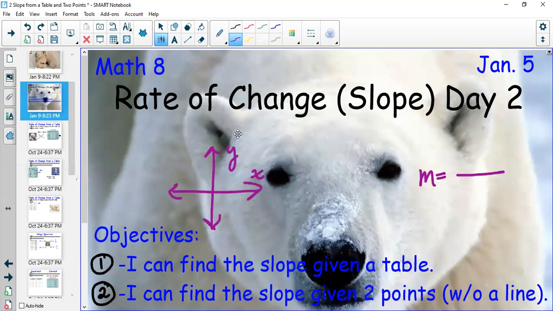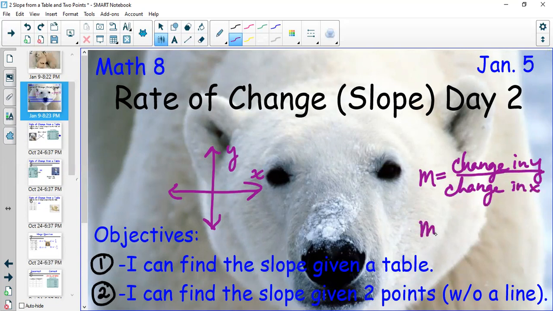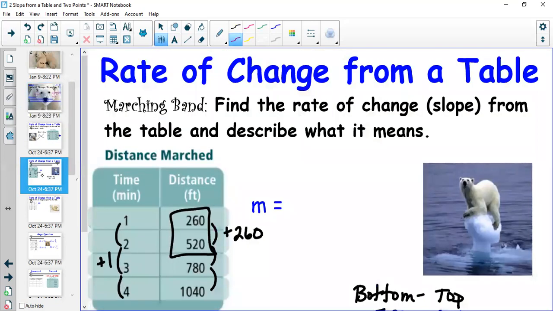And looking at this, the rise up and down is your y. So we're going to put our change in y over our change in x. If you want to shorten that, just put our slope is going to be y over x. A lot of people get that confused and want to put x first because it comes first.